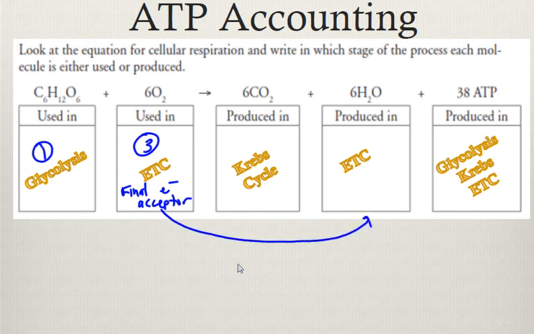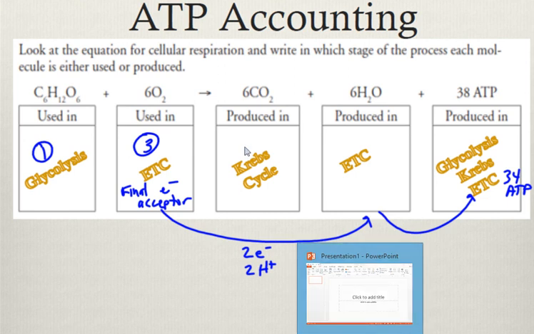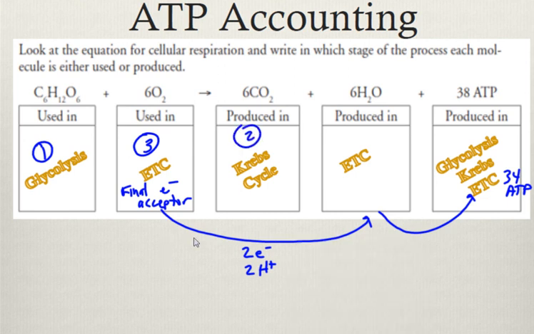This becomes water whenever it combines with 2 electrons and 2 H plus ions. And when this happens, then our 34 ATP happens. In step 2, carbon dioxide is released in 2 different turns, 3 and 3, to help build up our NAD and FAD.